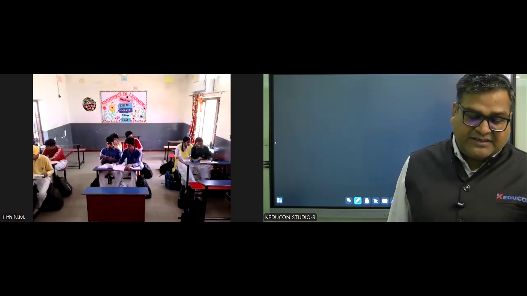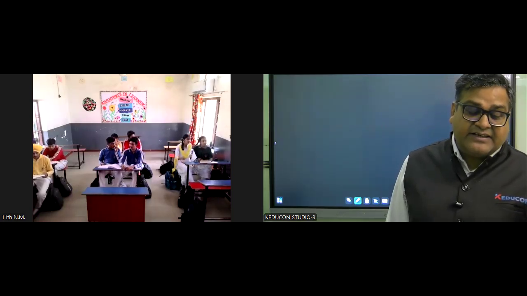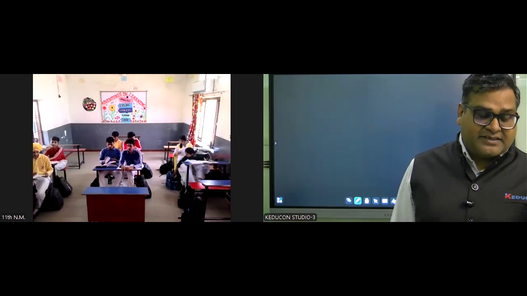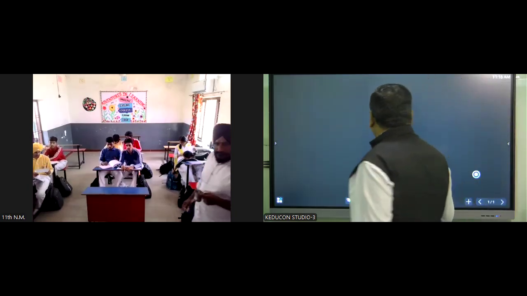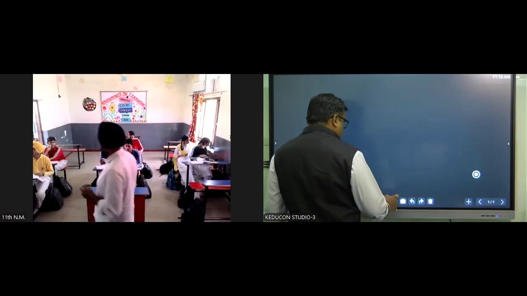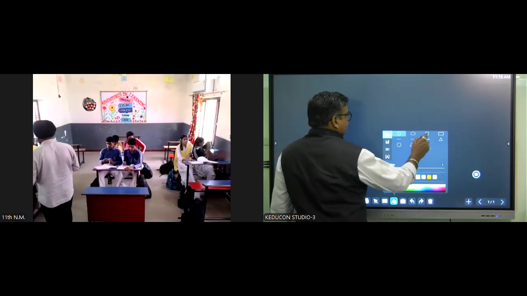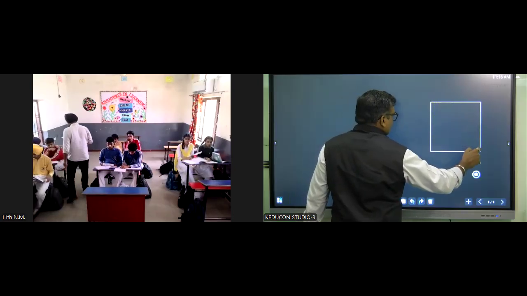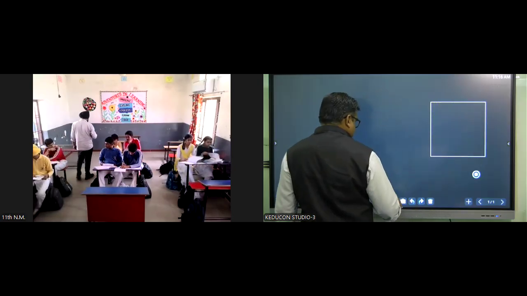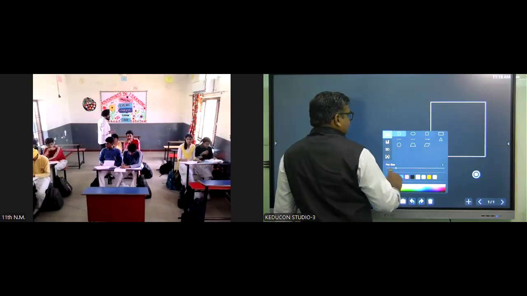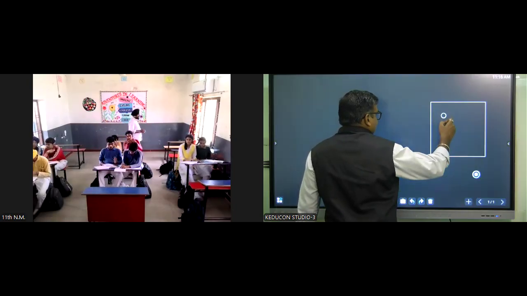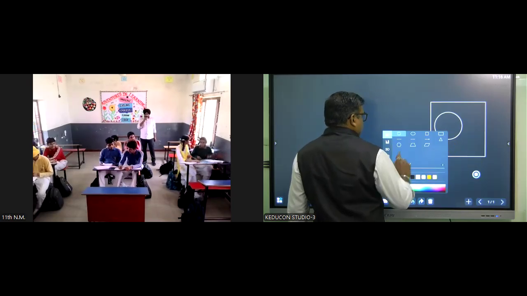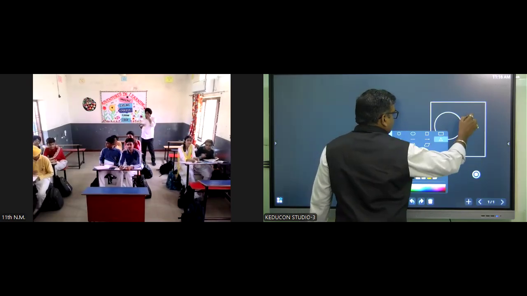Now he has given that the triangle and circle intersect each other and are contained in the square. See, now what is the question? This is a square. Inside the square we have a circle and a triangle.